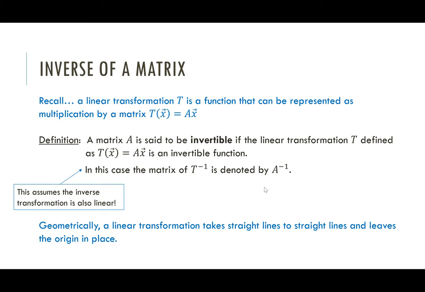And leaving the origin in place means a linear transformation maps the origin to the origin. So if you undo that, you haven't moved the origin in the first place, so undoing it doesn't do anything either. So hopefully you're not worried about the fact that the inverse of a linear transformation can also be represented by a matrix.